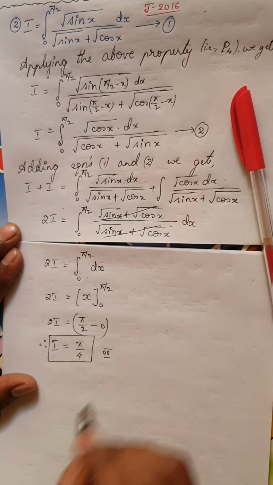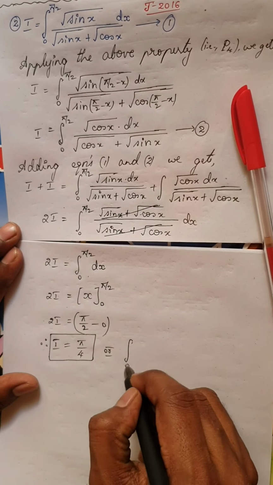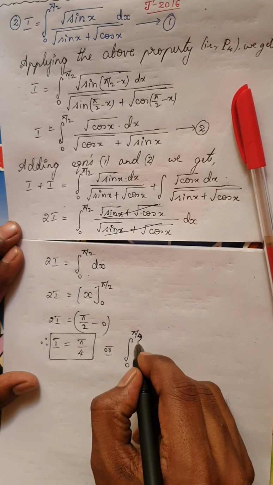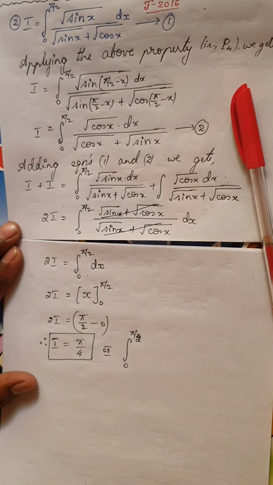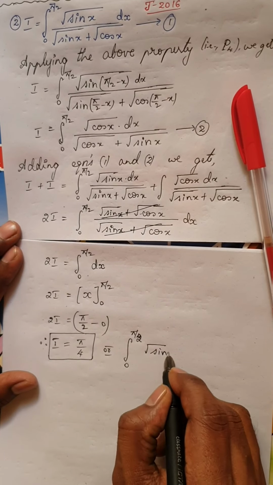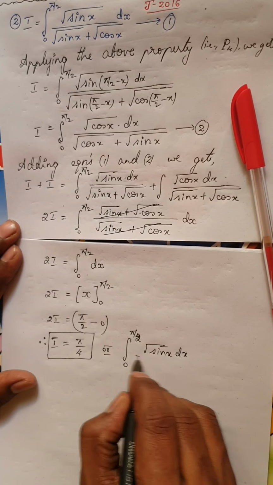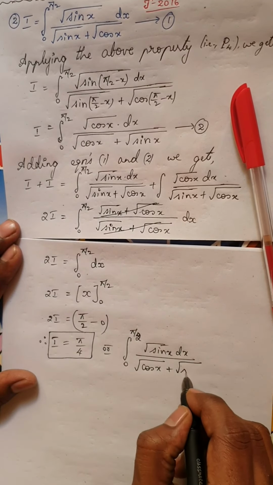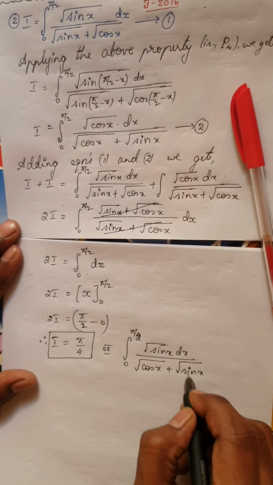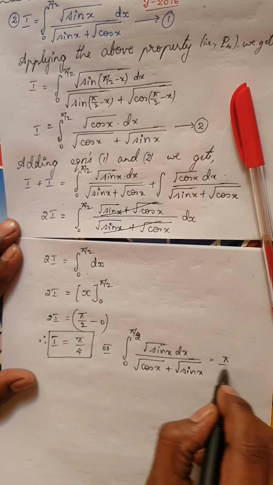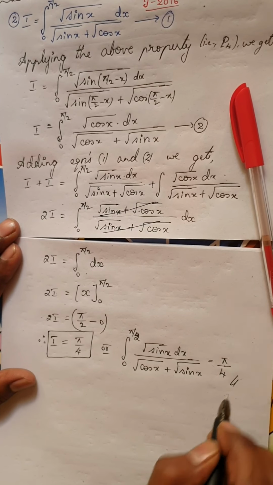So, if I have to write in detail, the integral from 0 to pi by 2 of root of sin x dx divided by root of cos x plus root of sin x, the question we started with, the answer is pi by 4.